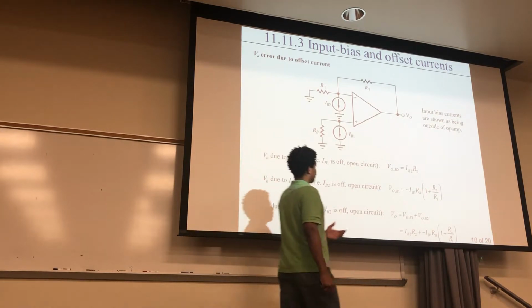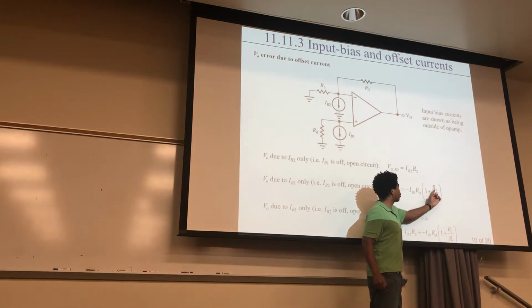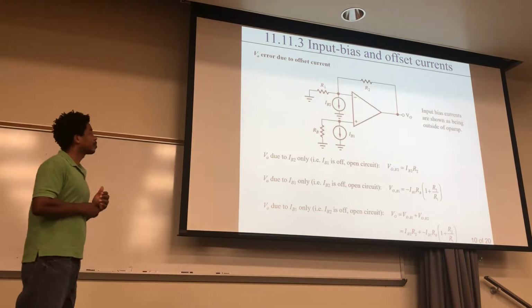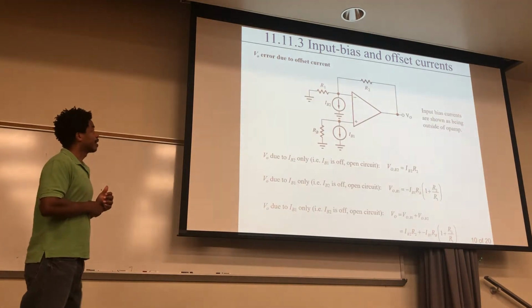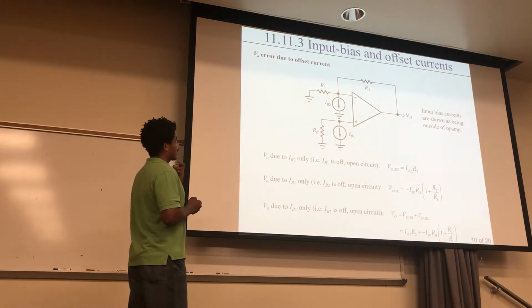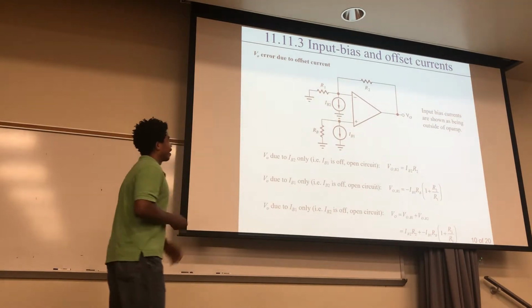Do you see where this part comes from, this 1 plus R2 over R1? Well, the resistors are from this side right here, right? Initially you may think, why can't the current just loop around like that?